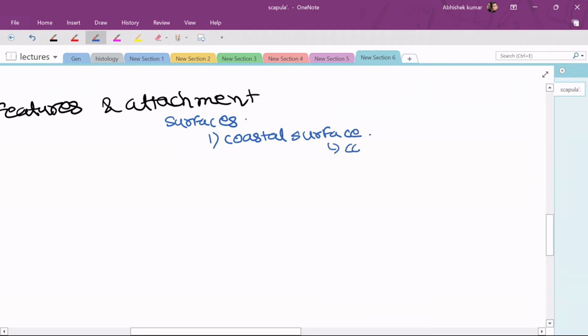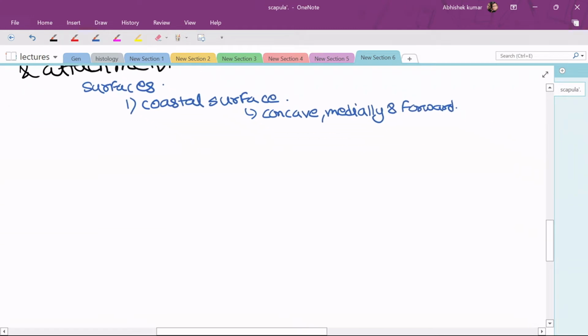So it is concave in shape, medially and forward. That means forward facing, right? The second is your dorsal surface. It is the opposite. That means it is convex and has a spinous process.